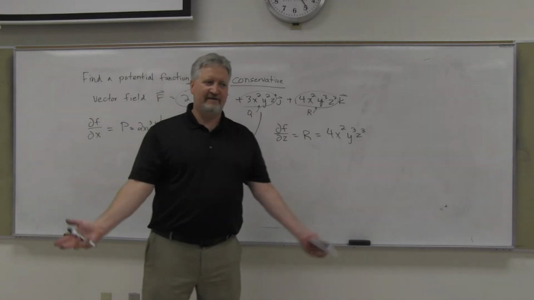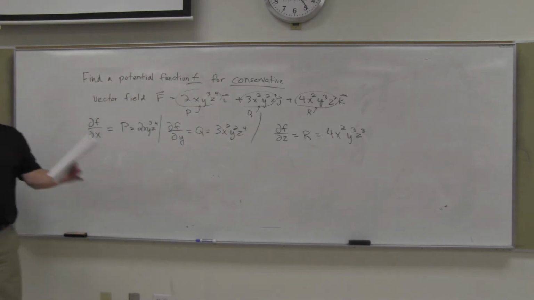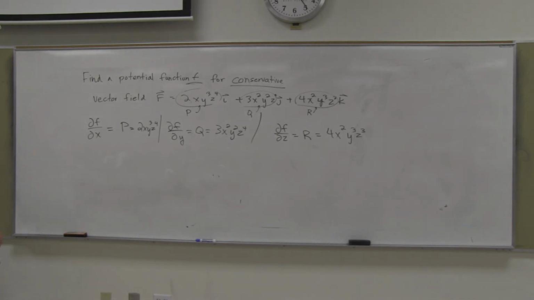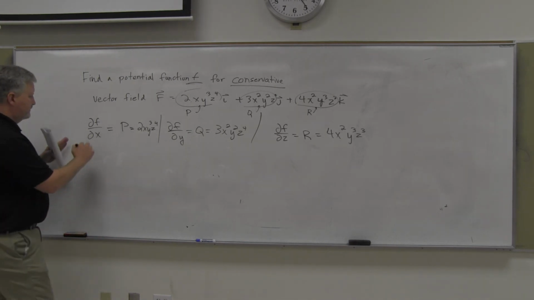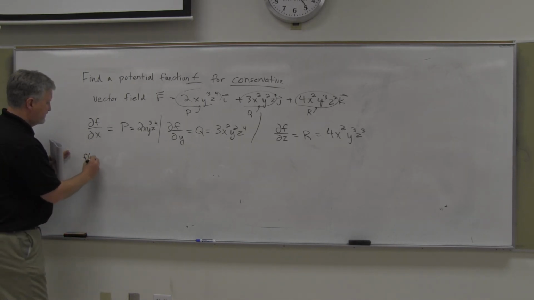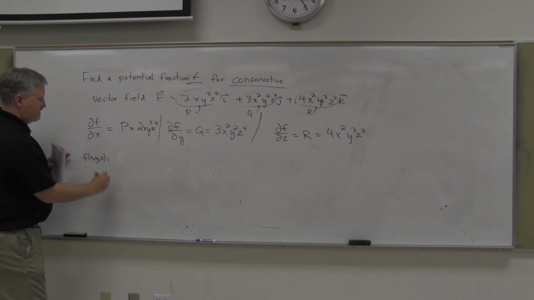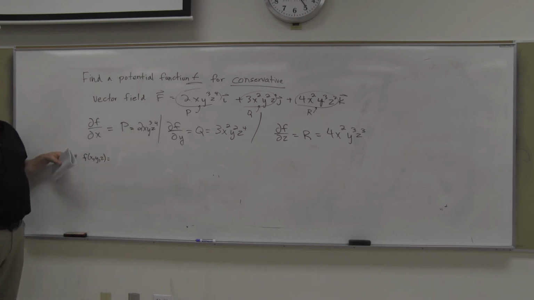So how do we find f? Well, we've got to do maybe a couple of integrals here, antiderivatives. So f of x, y, z. If I get f from this one, what would it be?